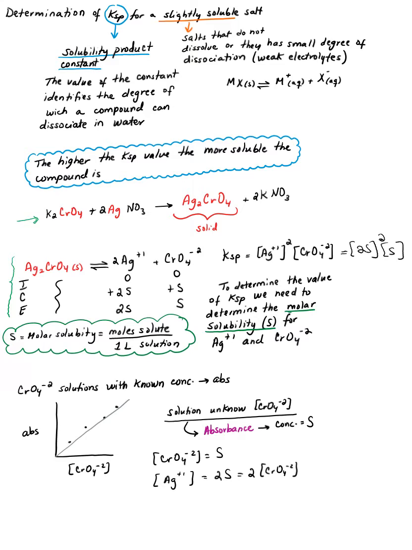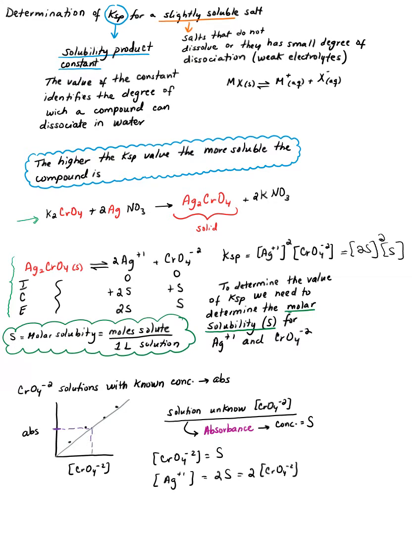So when you have your unknown solutions, you're going to determine the absorbance for your unknown solutions, and then you're going to use your graph to find those absorbance values. Let's put just one here. Let's say that that's my absorbance for the unknown solution, the one that I don't know how much chromate is in there. You move from that absorbance to the line.